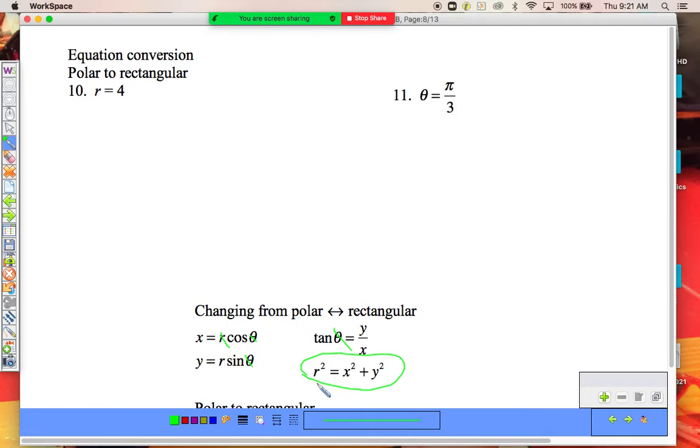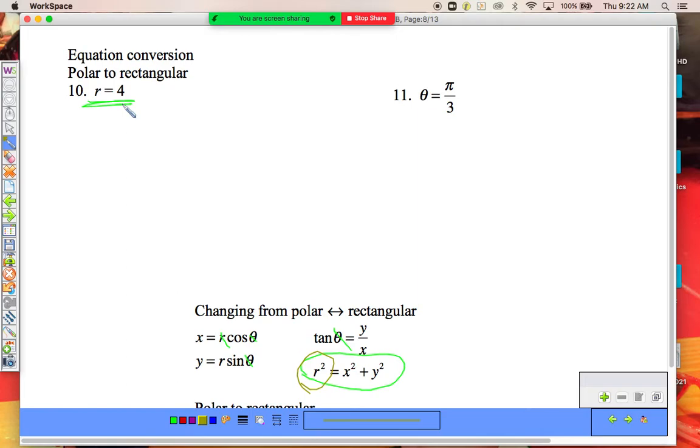All right, so looking at r equals 4, what can I do to this equation so I end up with the r squared that I need? What can I do to this that's going to give me that r squared? Okay, someone said square it. What am I squaring?